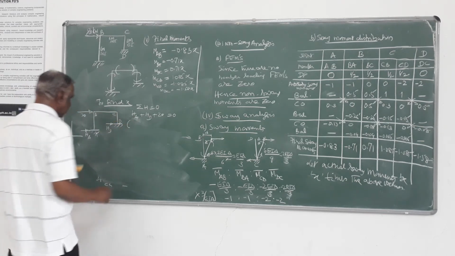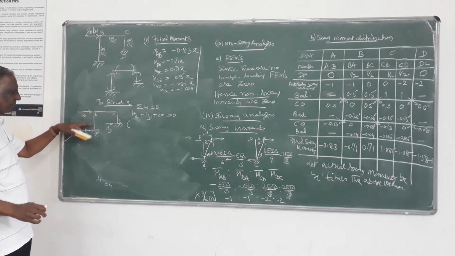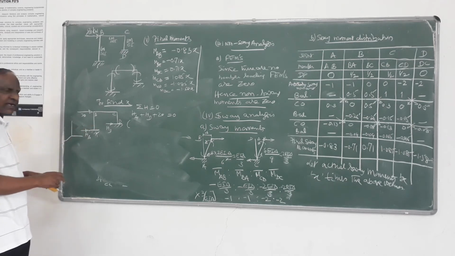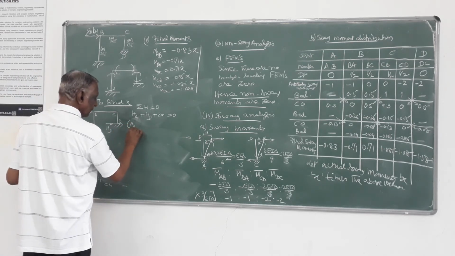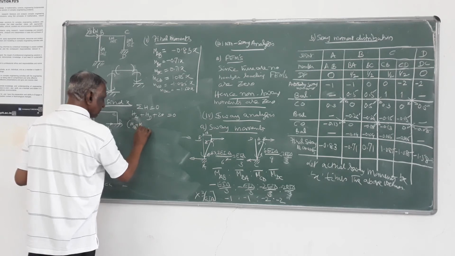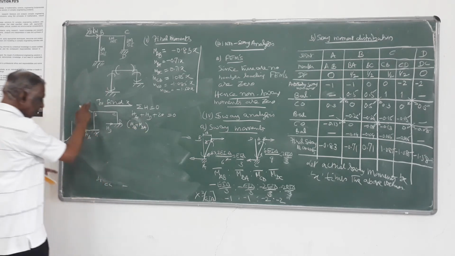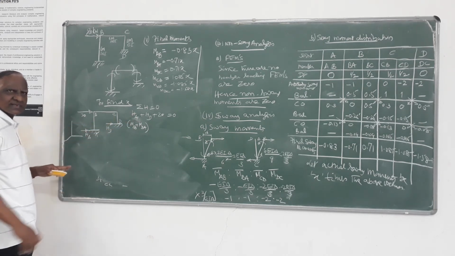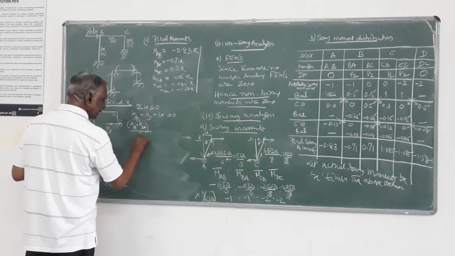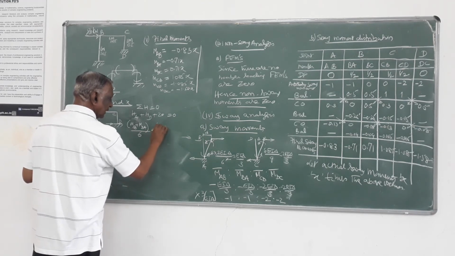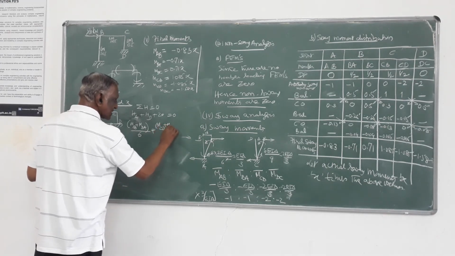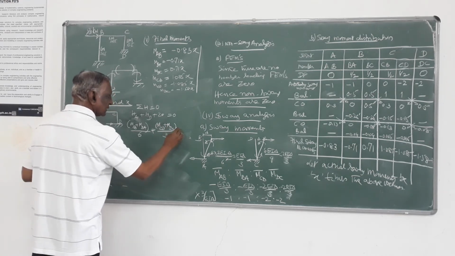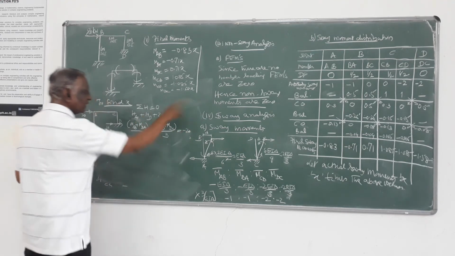This HA, as I told you, is nothing but the sum of the end moments at the bottom at which this HA is acting. That is MAB plus MBA plus the moment due to any load on that AB about the top end. There is no member load, so that moment is 0. This is divided by the height of the member. Similarly, this is MCD plus MDC divided by height, which is 3 meters, plus this 20, I will take it to the other side.